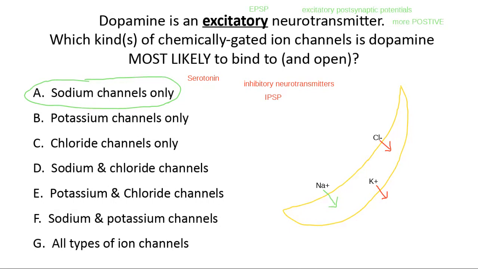That means my membrane charge is going to get more negative. And the types of channels that made me more negative were potassium leaving with its positive and chloride coming in with its negative.